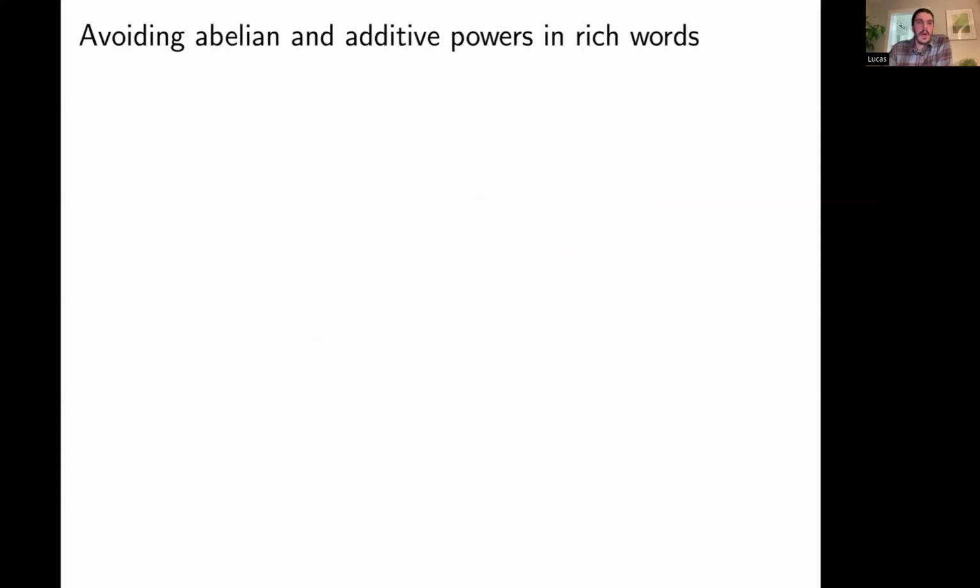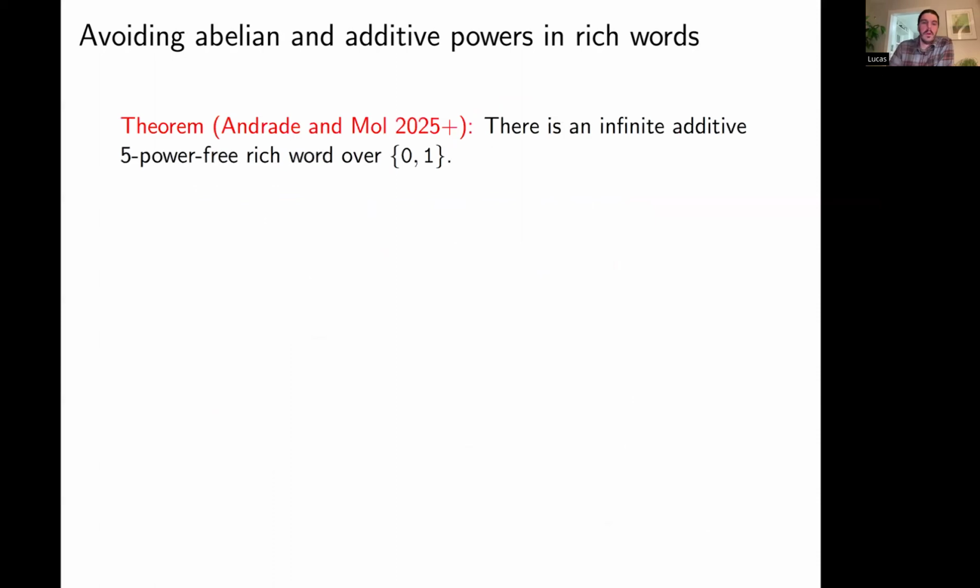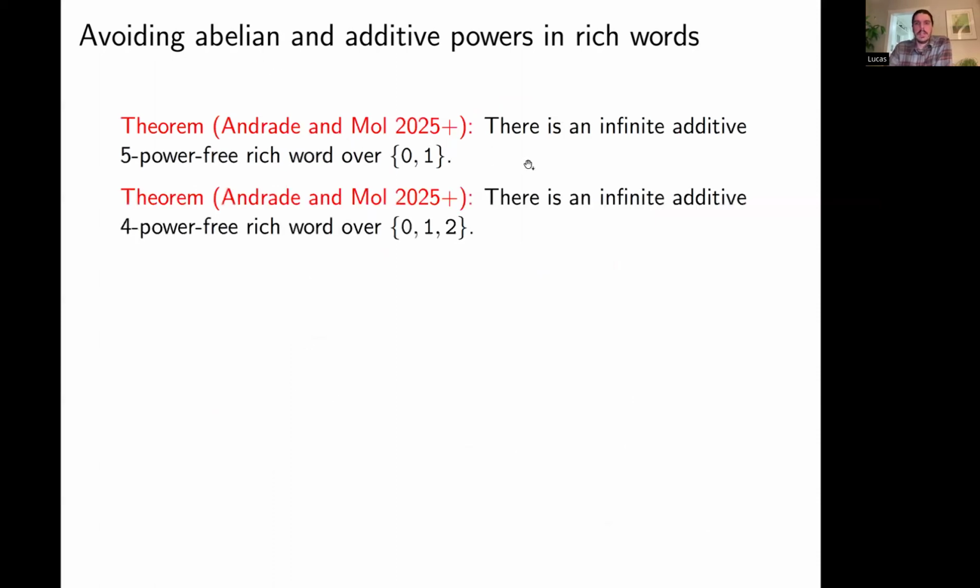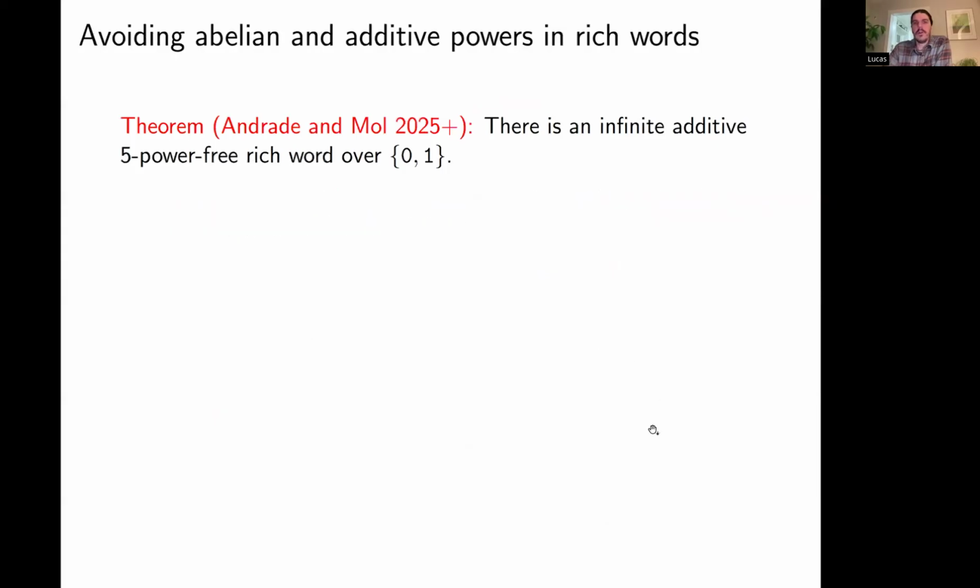So, like I said, what we were interested in was the same sorts of questions that I showed you the answers to at the beginning for avoiding abelian and additive powers, but now we're going to restrict ourselves to infinite rich words. What Jonathan and I proved is that there's an infinite additive 5-power free rich word over the binary alphabet.